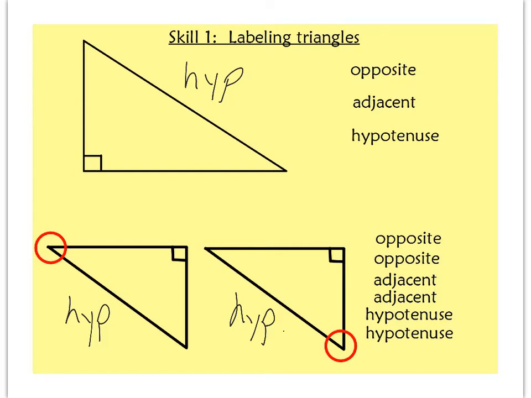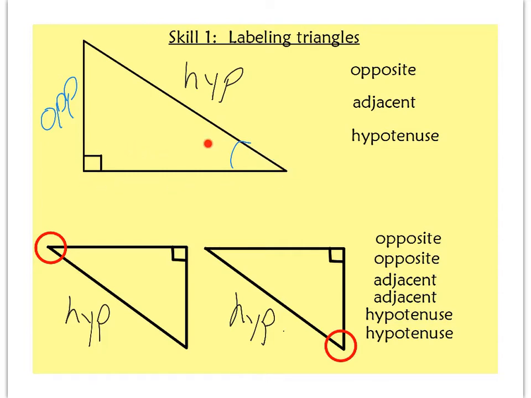So if I'm looking at this angle right here, my opposite side is going to be across from it, this side here. So I'll have opposite, which makes adjacent, if you remember that term, adjacent means beside or touching.